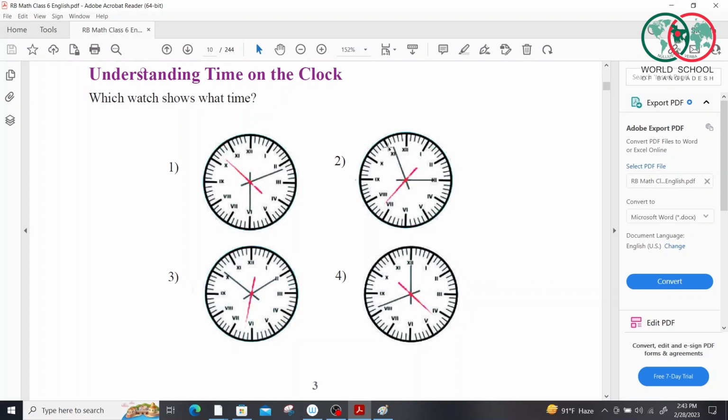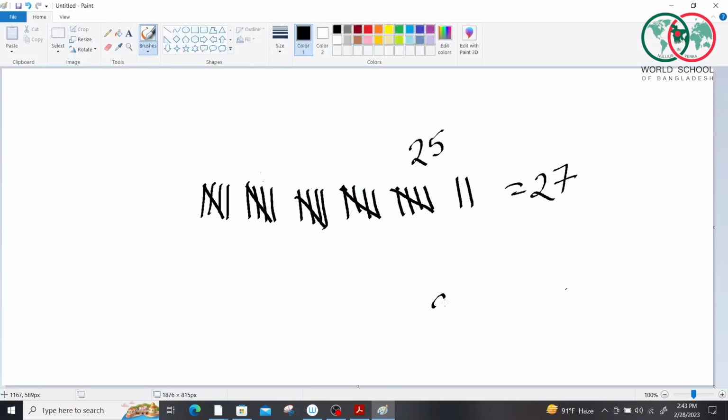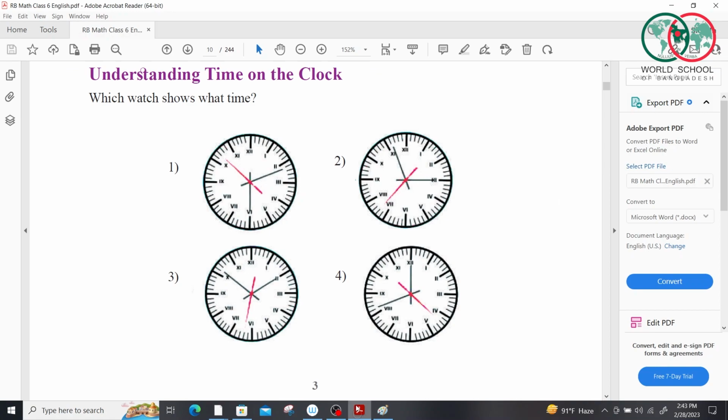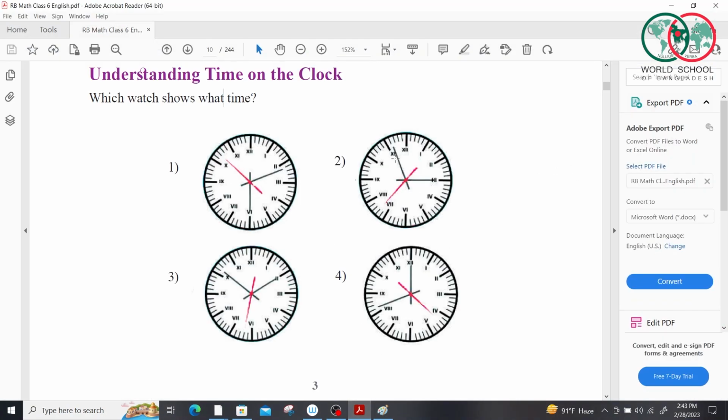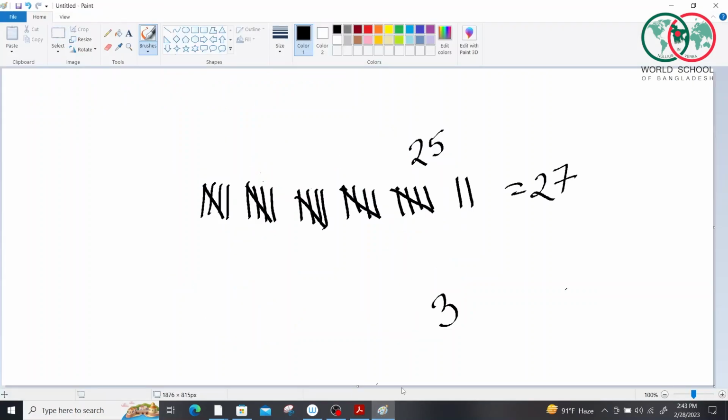Every number represents a 5-minute gap. So it is on 11, and 11 times 5 equals 55.